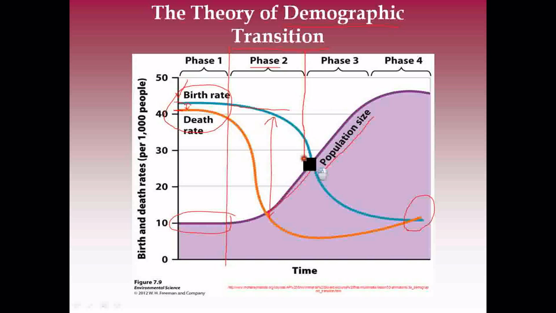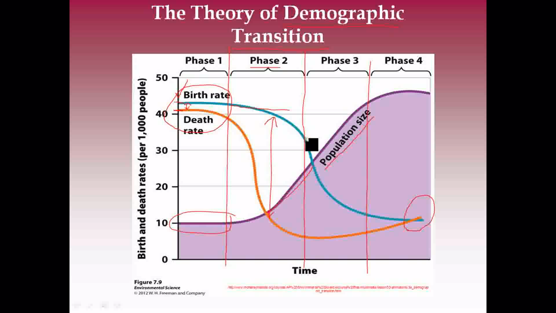And more educated women and women working means that they're having less babies, and so the birth rate begins to decline. Notice that it's in phase 2 that the population begins to really rise, and it also rises in phase 3.